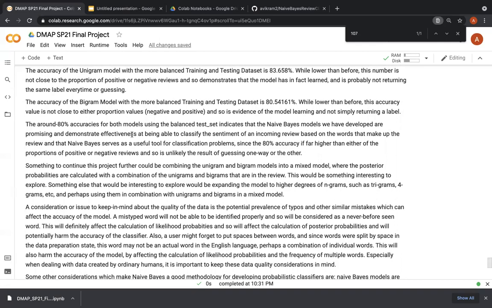So that was around 80%, 83%, and that indicates that the model is learning, right? It's not just guessing one or the other, because if it was guessing, we would see an accuracy of around 50%, right? We're not getting an accuracy that is equivalent to one of the proportions, right?